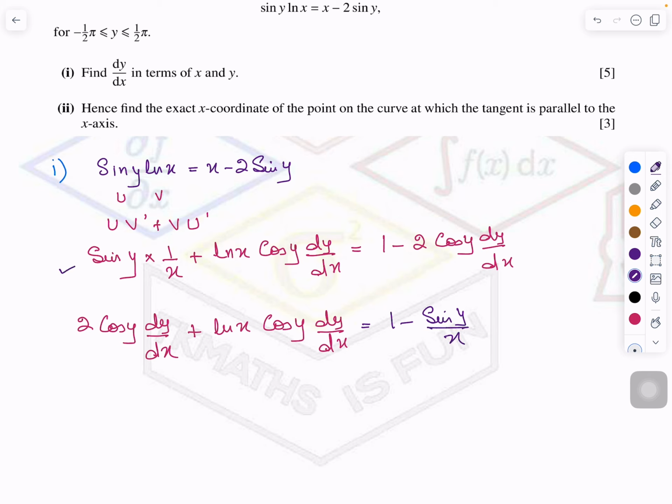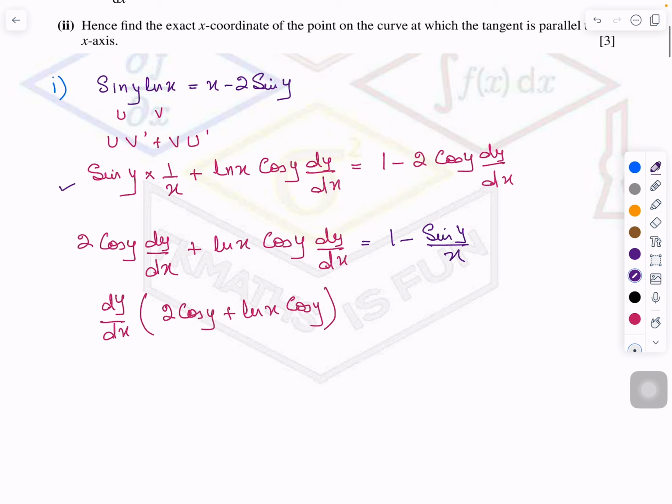So after that I will take dy over dx common out, factorizing it. So I will have 2 cos y plus ln x cos y, right? And the right hand side I can write as x minus sine y upon x. If you want to take LCM you can, otherwise no need.